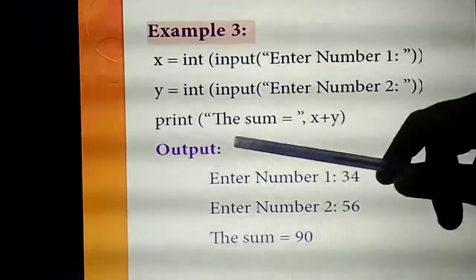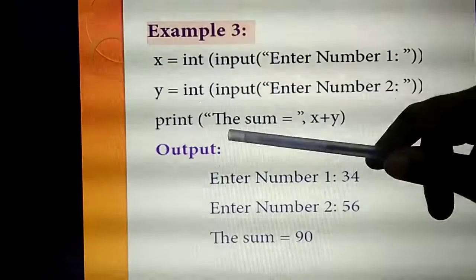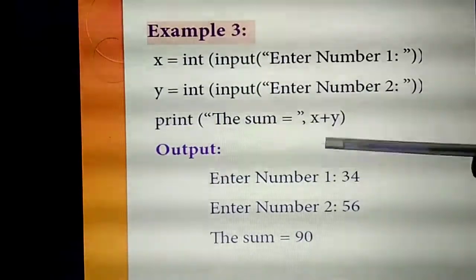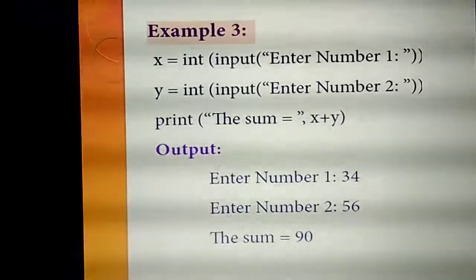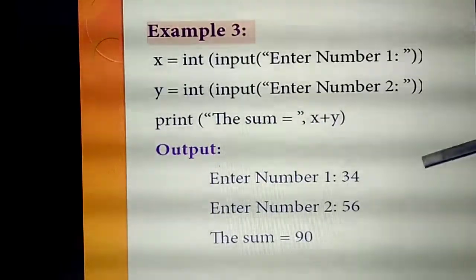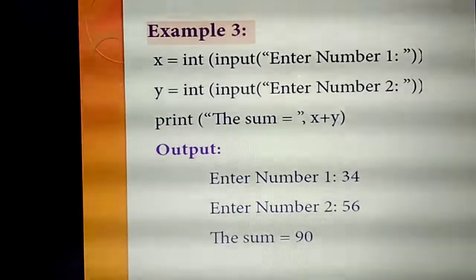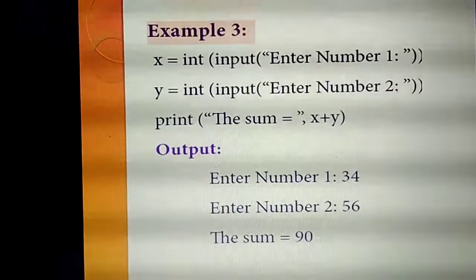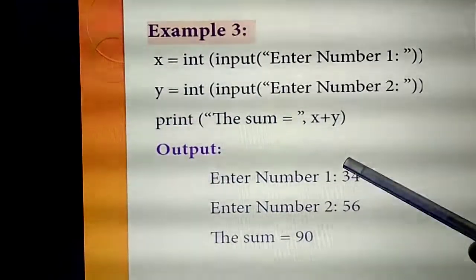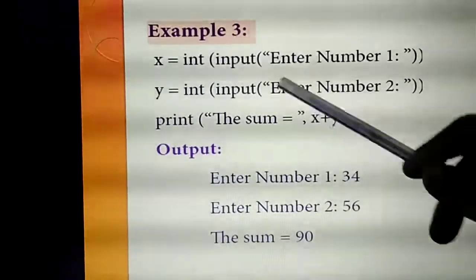So in the print() output, what will come? If we print the sum, the output screen will display the sum. So x plus y means whatever values you enter as number 1 and 2, it will add those 2 values and the result will be displayed to you. In the output screen, what result will you get?